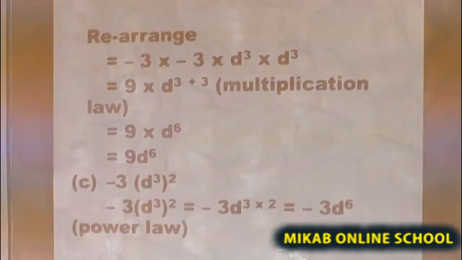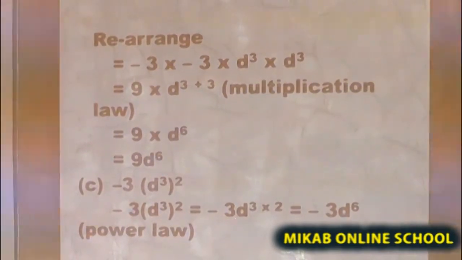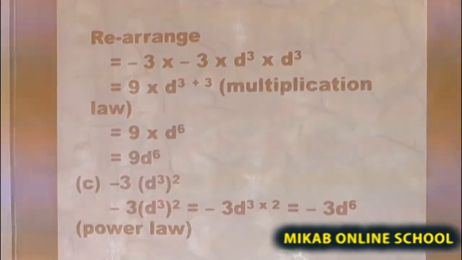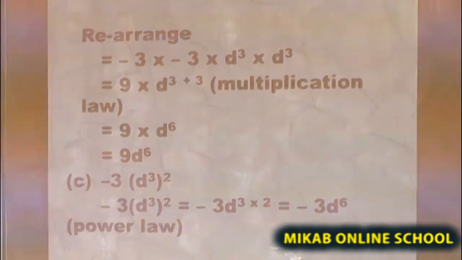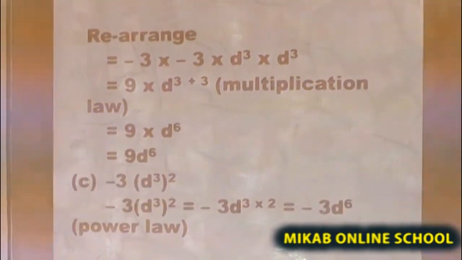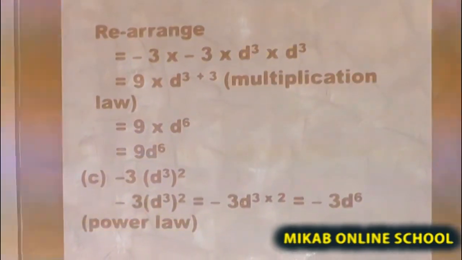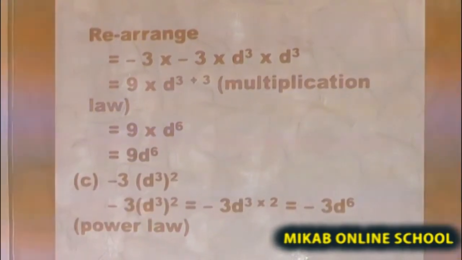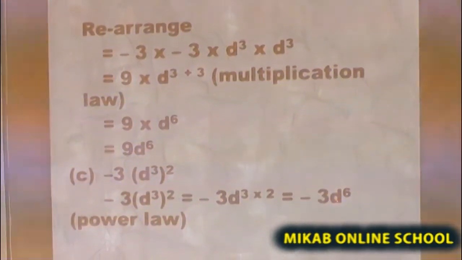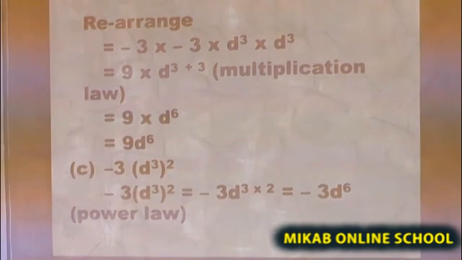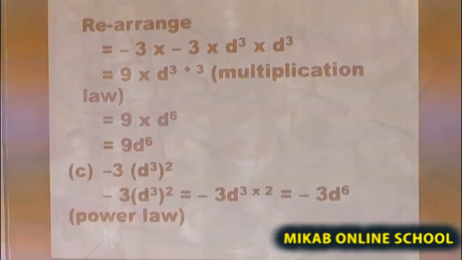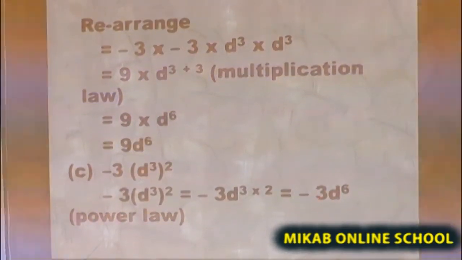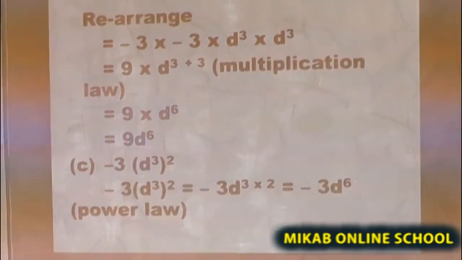Remember, these 3 and 2 are at the power of this d, and the result of that is going to be -3 d raised to the power of 3 multiplied by 2, which will give us 6, and the final answer is going to be -3d^6.